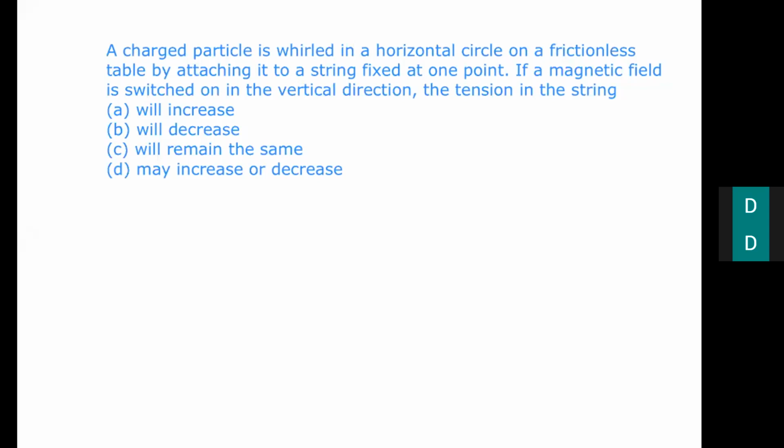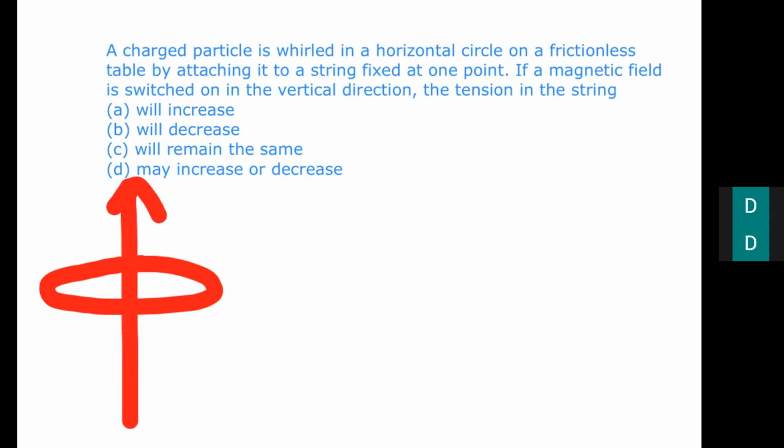First of all, they are saying that there's a horizontal circle, like this, on a frictionless table, and the magnetic field is switched on in the vertical direction. Say this is the vertical direction of the field, and here we are writing B.